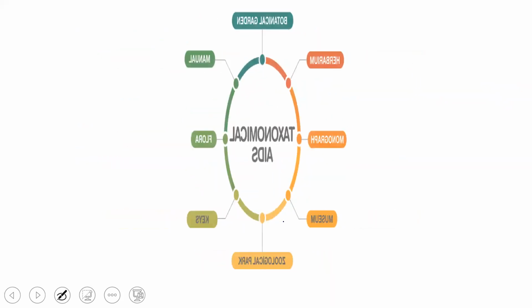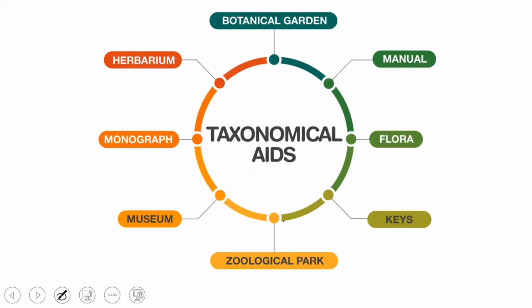we'll first look into what are the different taxonomic aids, and then let's go ahead with them one by one. So we are going to study first herbarium, and then we'll be understanding a few more taxonomic aids like botanical gardens. Then come manuals, flora, monograph.